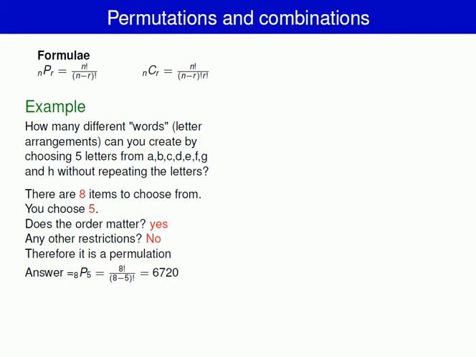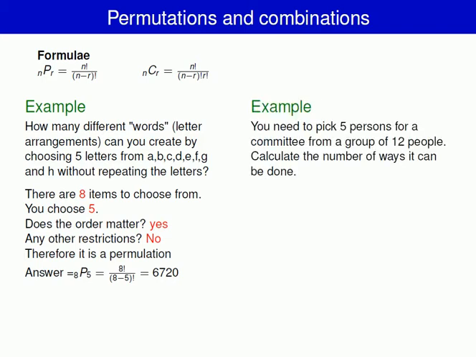A word of advice: 8 minus 5 factorial is not equal to 8 factorial minus 5 factorial. You cannot do anything out of the given order. You just have to first do the 8 minus 5, the result is 3, then take the 3 factorial.